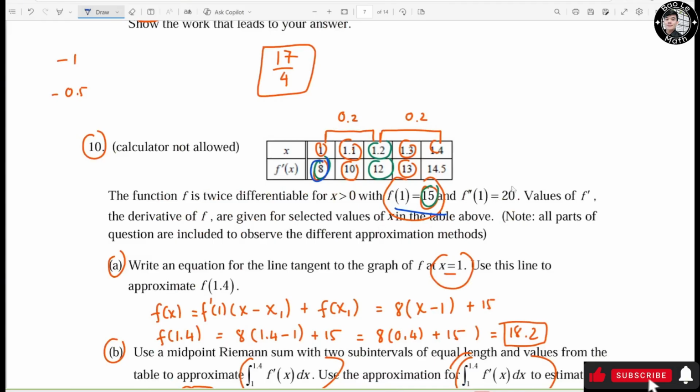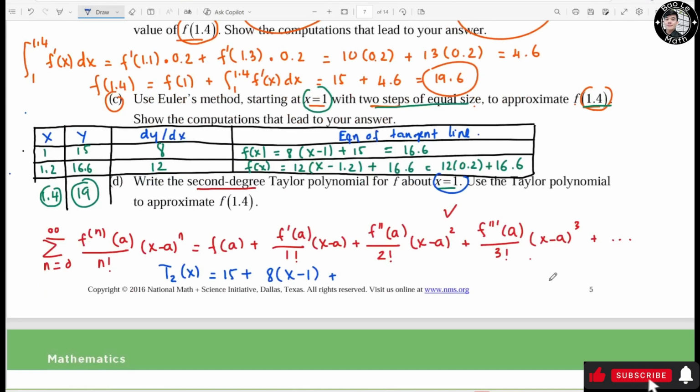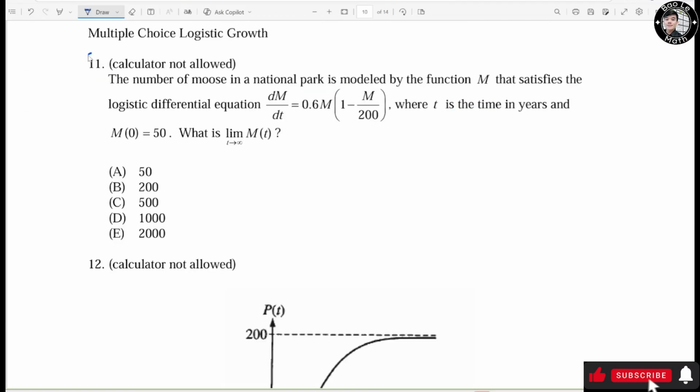It's going to be 20 right here. 20 divided by 2 could be 10 times s minus 1 squared, right? So it's going to be 15 plus 8 times 1.4 subtract 1, which is 0.4, plus 10 times 0.4 squared, right? So it's going to be 19.8.